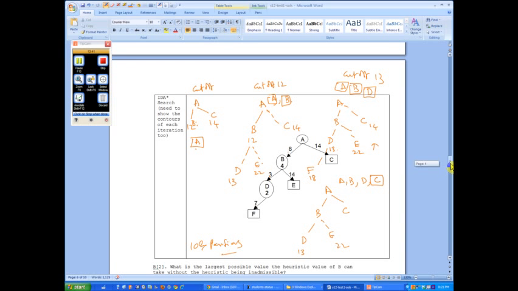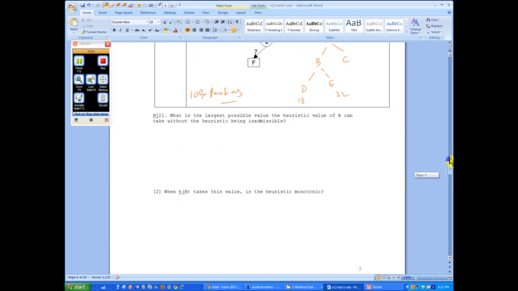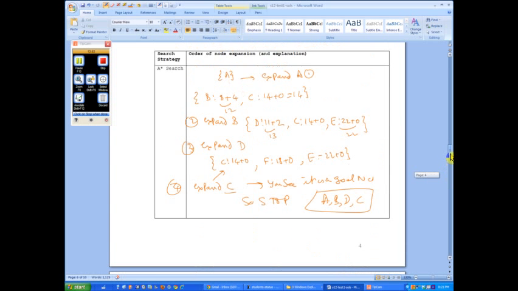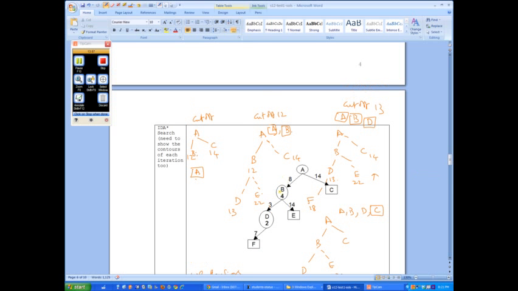Okay, that's for that problem. Now, what's the largest possible value the heuristic value of B can take without the heuristic being inadmissible? If you look at the picture, you're talking about the largest possible value of the heuristic value of B such that it will still be admissible.